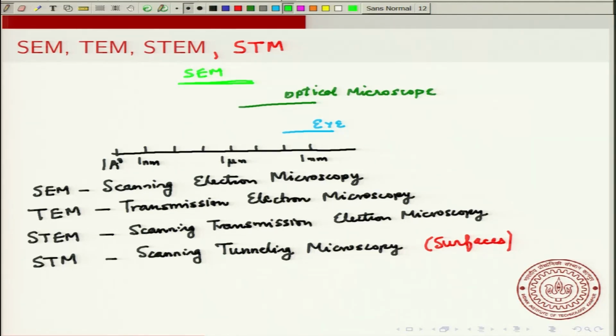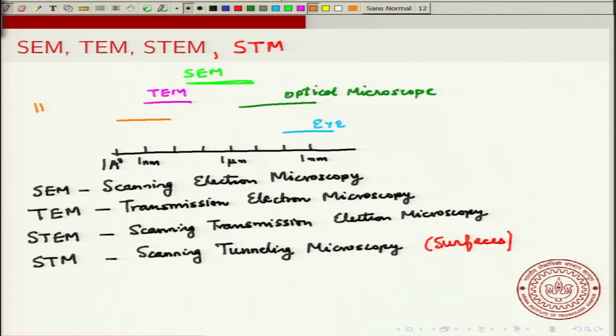Now, if you have a TEM, you can go to much smaller lengths. The TEM can go down to almost 1 nanometer. And if you have a high resolution transmission electron microscope, HR-TEM, or STM or STEM, you can go all the way down to 1 angstrom.